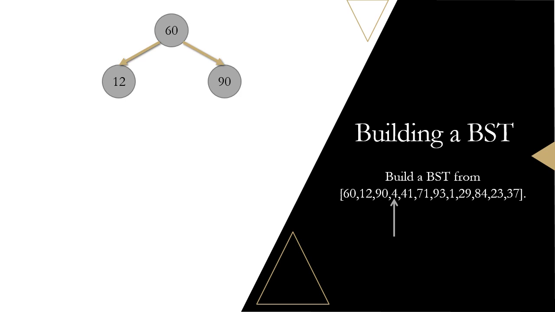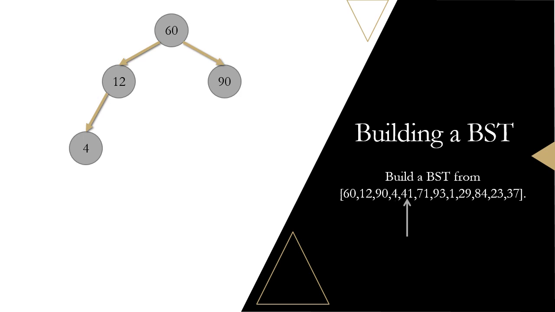The next number is 4. Start comparison with the root. 4 is less than 60. Move to the left. We come to 12. 4 is less than 12. We should move to the left, but there is no left. So I make 4 the left child of 12.